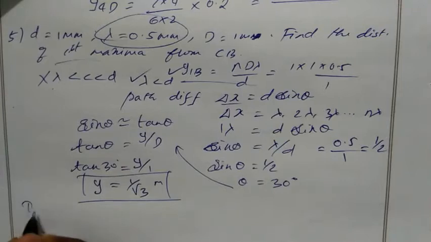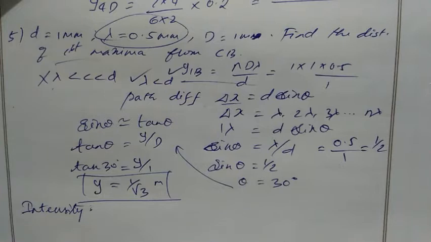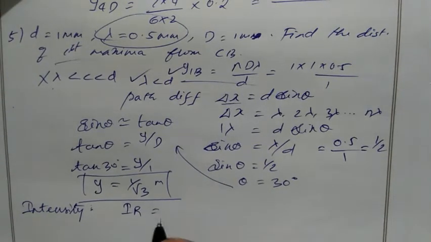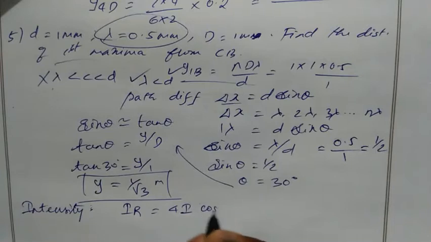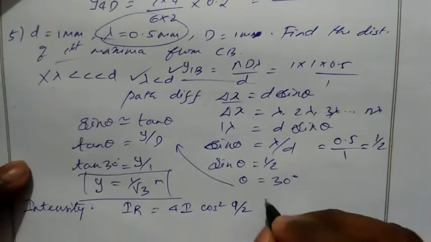The next topic, intensity, which we already studied, but here we are going to draw a graph between intensity and path difference. What's the formula for a maximum intensity? Check your notes. You will get resultant intensity I_R equal to 4I cos square phi by 2. So this is the maximum intensity. Then here we have two conditions.